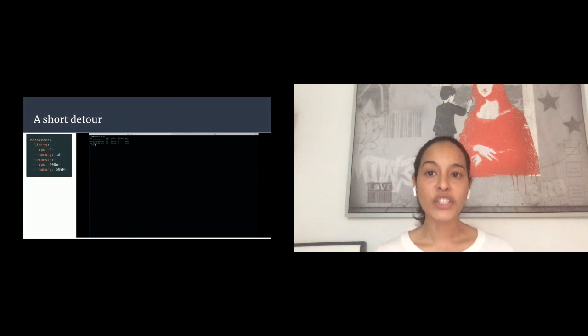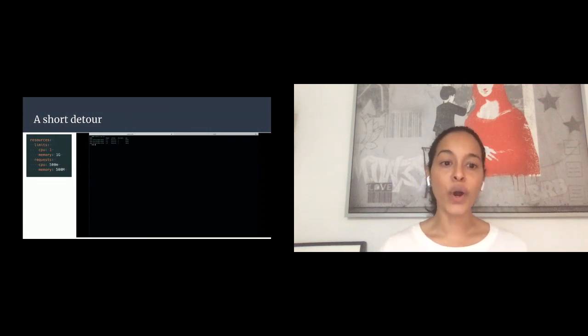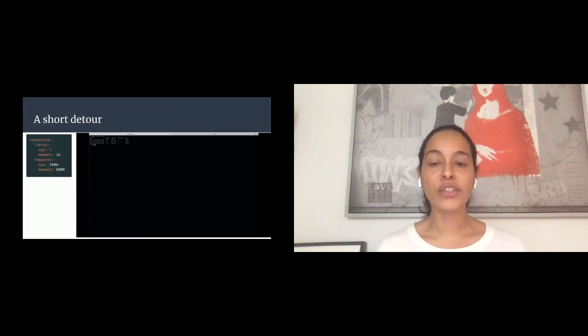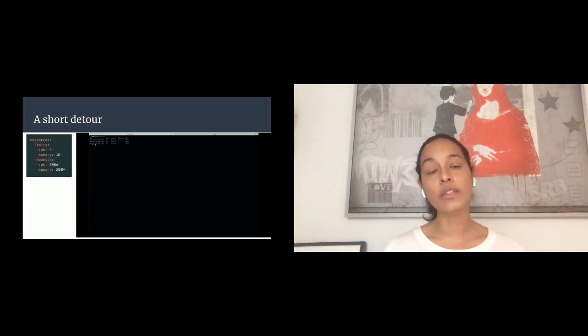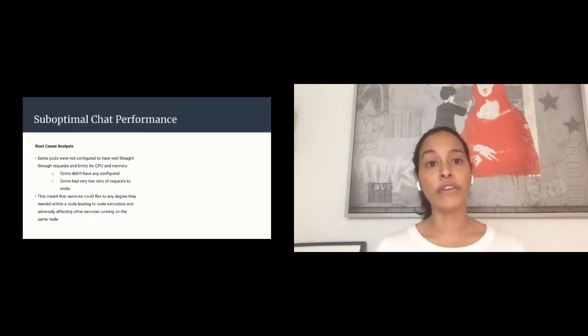You can imagine that the random errors were obviously because random pods were getting evicted as the node was reaching saturation. So what we saw was in our services definitions, and this doesn't have to be just the chat services. It can be any services that are sharing the node with your chat services.